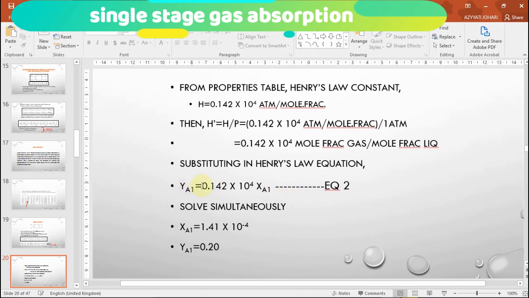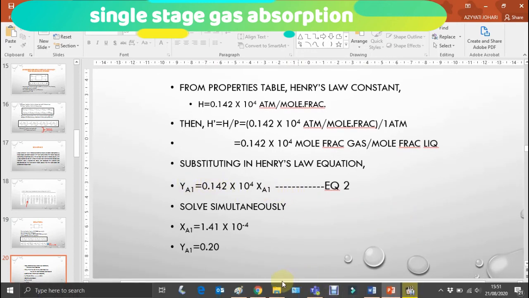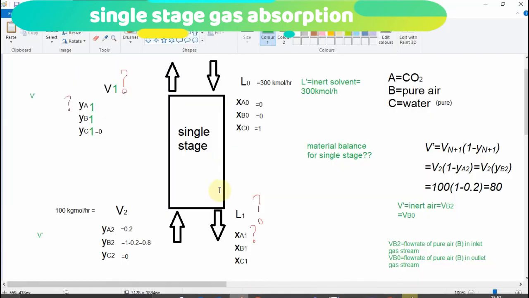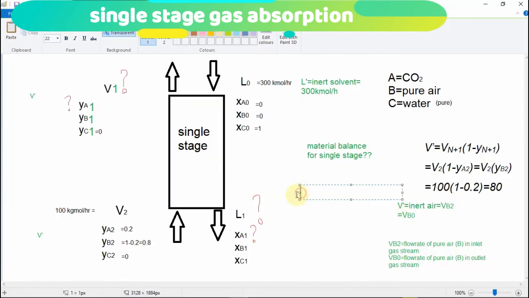If you recall back in the slide, the relationship is: partial pressure of A equals Henry's law constant multiplied by XA.